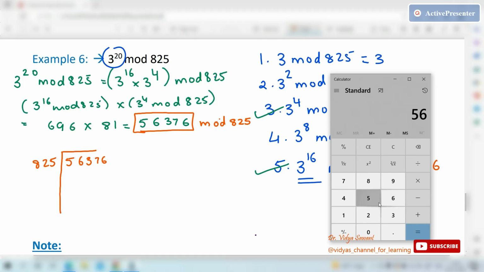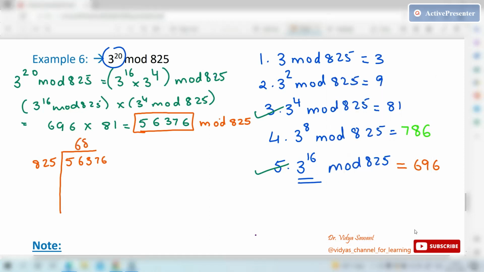I've taken the calculator here and I do 56376 divided by 825. So I get 68.33. I'm supposed to use the number before the decimal point, that is 68. Therefore here I write down 68.